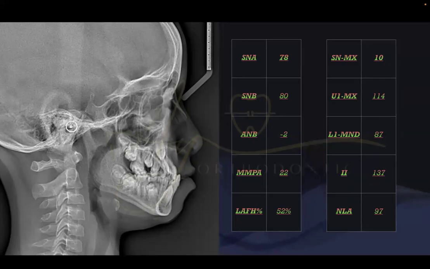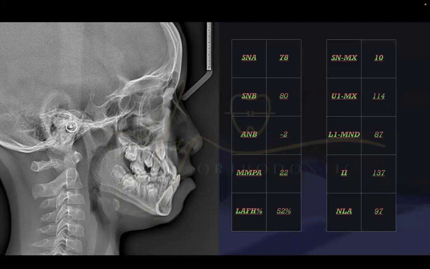Okay. Generalized gingivitis, class 3 skeletal pattern with a bilateral crossbite, and the dental anterior crossbite, class 3 incisor relationship, bilateral posterior crossbite also, moderate crowding of the upper anteriors.